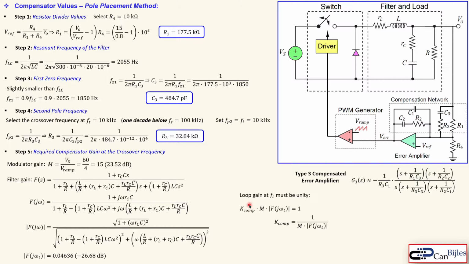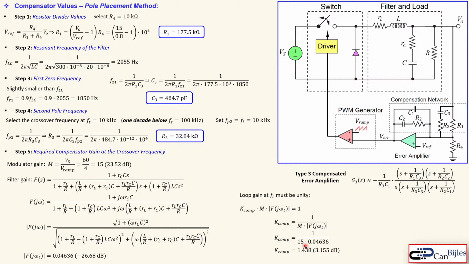That means the compensator gain is then 1 over the product of the modulator gain and the filter gain at, again, the unity gain frequency. Now we know 1 over 15 times this 0.04636, and that will give you 1.438.